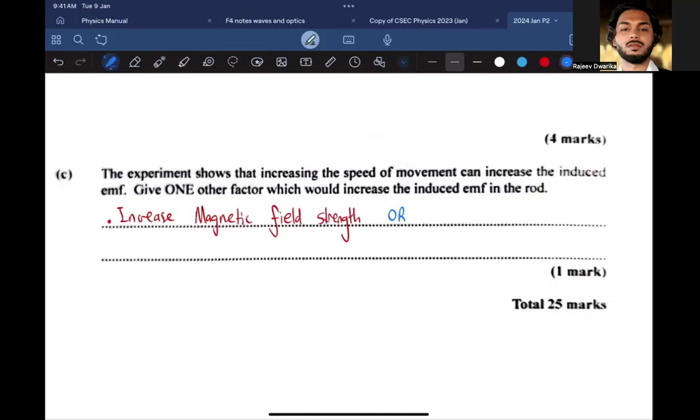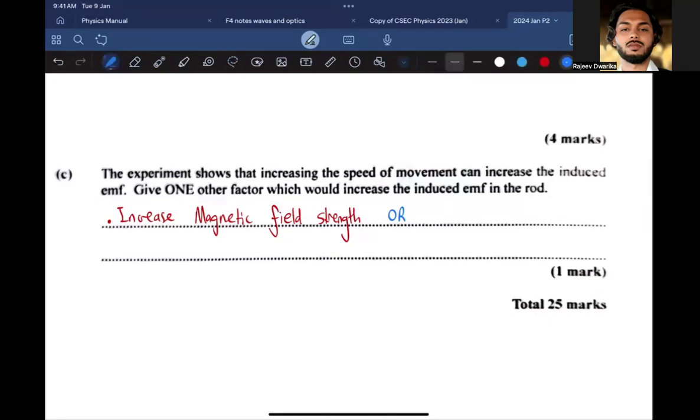Ocean, let me explain why that makes sense. If we increase the size of the rod, you would have to move the rod less to cut the equivalent amount of magnetic flux. Let me say it in a simpler way. If the rod is bigger, when you move it, more of the rod is going to experience a change in magnetic flux, and so it's going to generate a greater EMF.